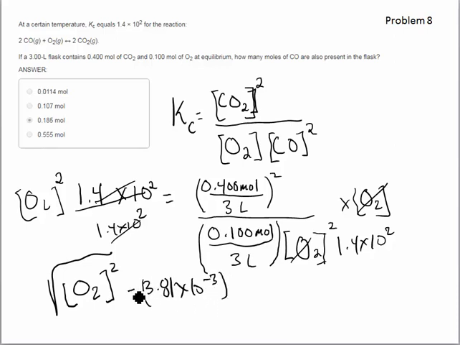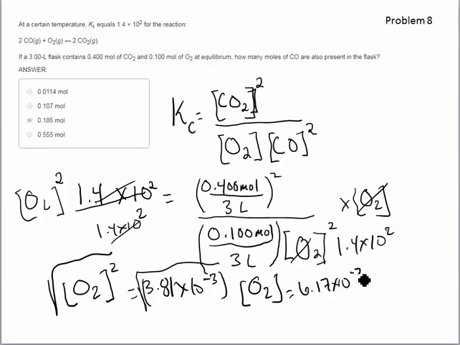That's O2 squared, and so I've got to take the square root of that. And so my O2 concentration, once I take the square root, comes out to be 6.17 times 10 to the minus 2. Now that's moles per liter. It's in molarity units, and this asks for the number of moles, so we're remembering we're in 3.0 liters to cancel those liters, and that comes up with this answer that's 1.85.